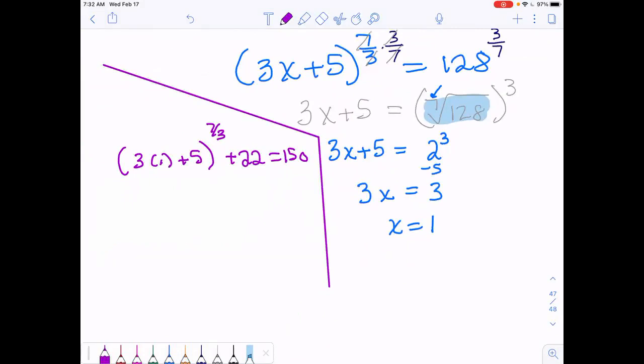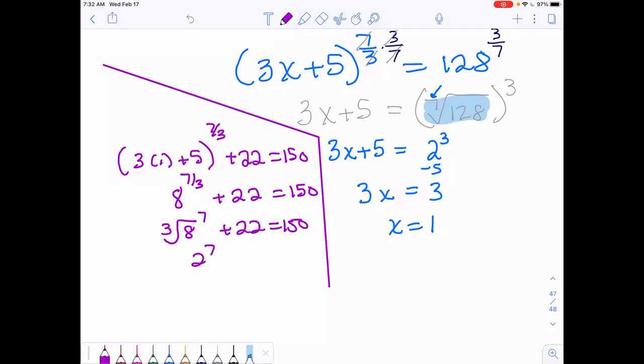So we have 8 to the 7/3 plus 22 equals 150. The cube root of 8 is 2, and then you have 2 to the 7 plus 22, which is 128 plus 22. And that is definitely true.